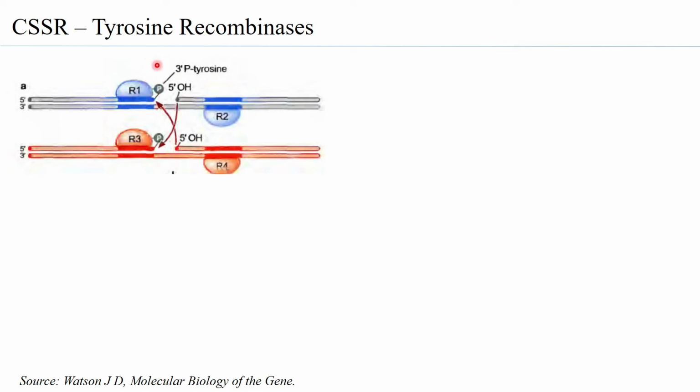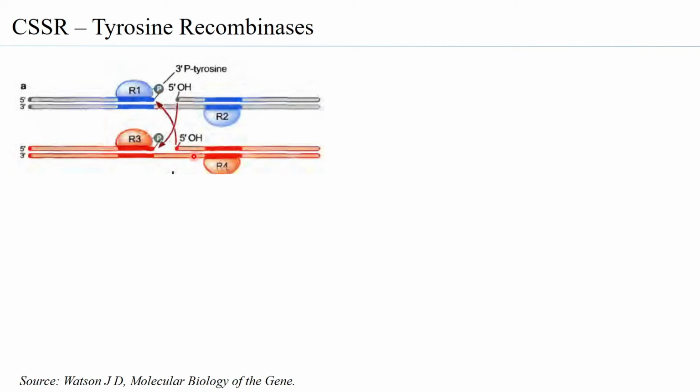Now that OH is going to bind to the phosphorus, and what you have formed is a 3' phosphotyrosine. So you get a phosphotyrosine formed, leaving a 5' OH. And you can see how in the two DNA, you have only one DNA getting cut at the first stage.